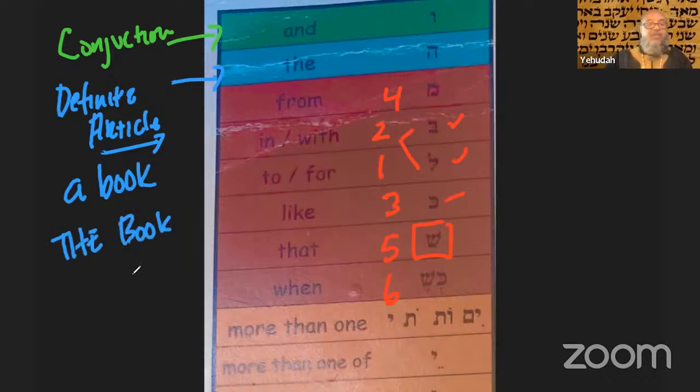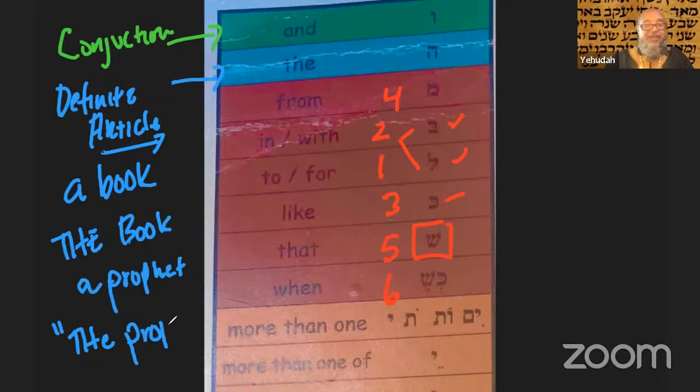When we read in the Torah, you might see something that says a prophet, and then you have a Christian that comes along and says that Yeshua is the prophet. And then when you read the Hebrew, you'll see there's no definite article there. He's not pointing directly to a prophet. It is a prophet, and a prophet means it could be any prophet.